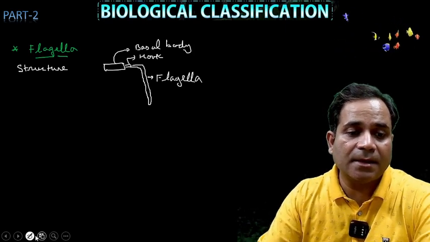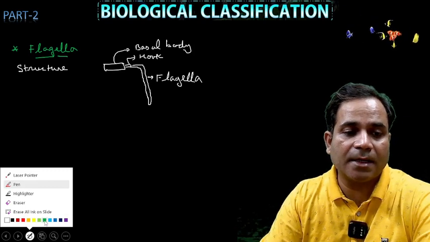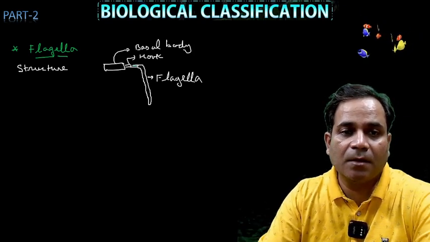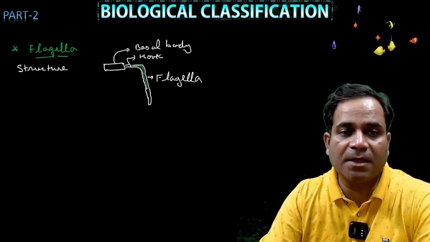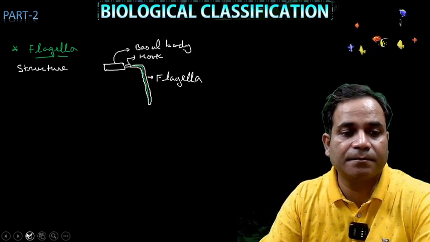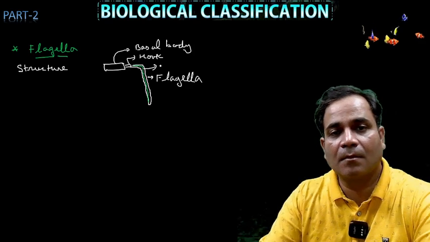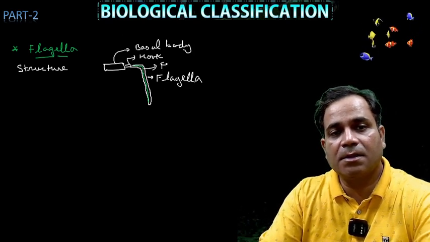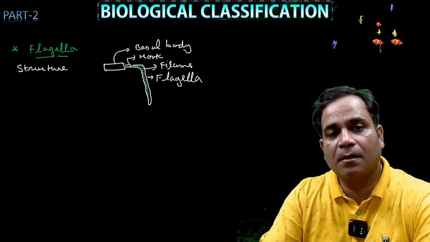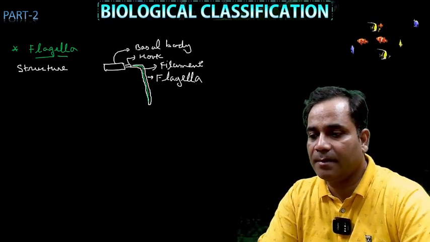Inside the flagella, there is a rod-like structure known as the filament, which gives shape. This one is the filament.